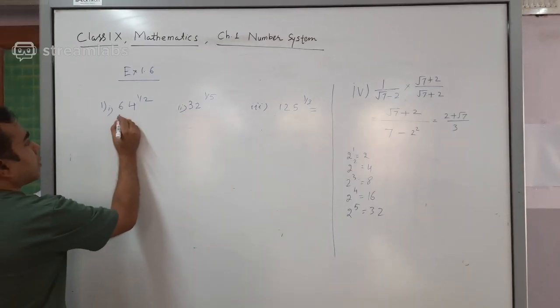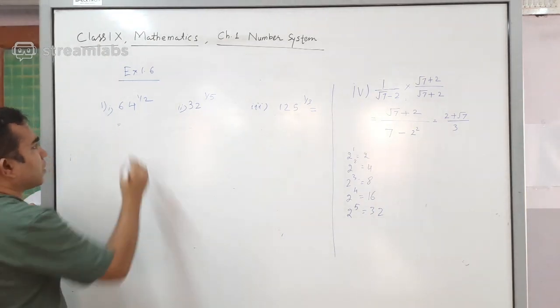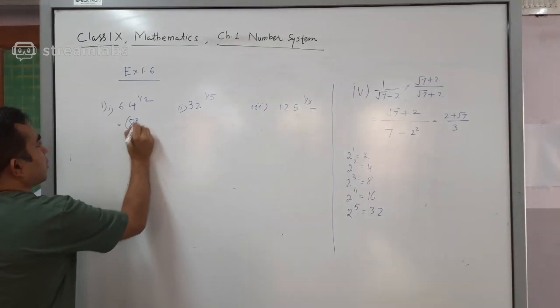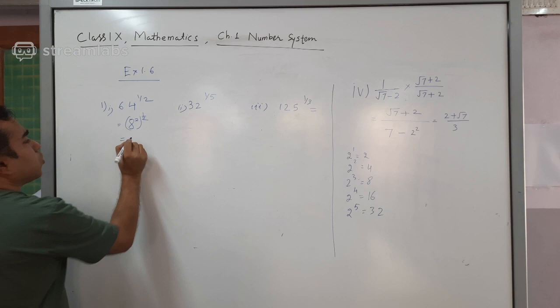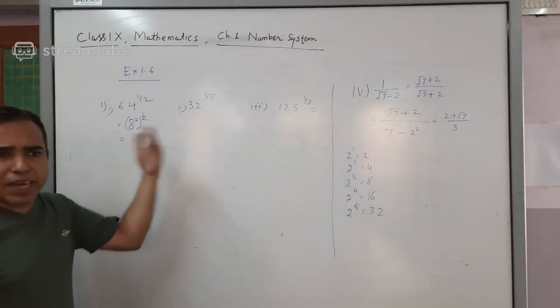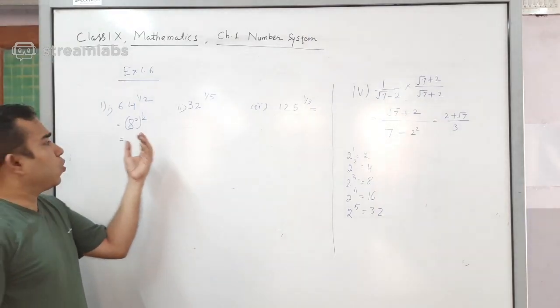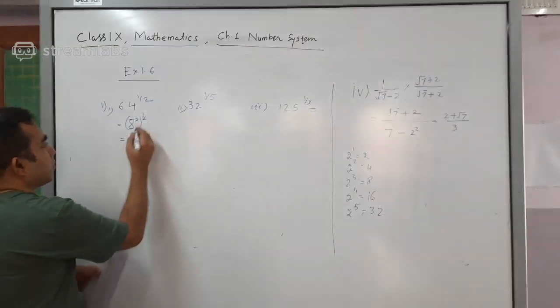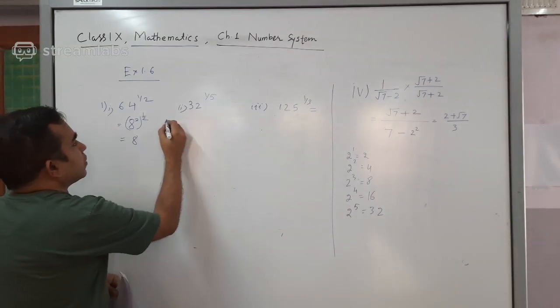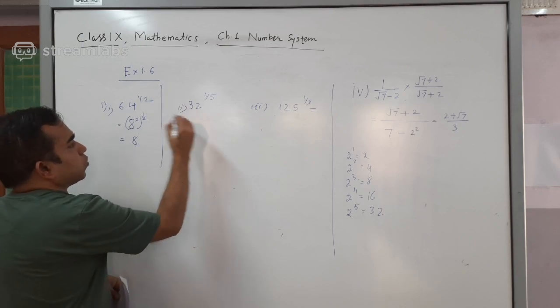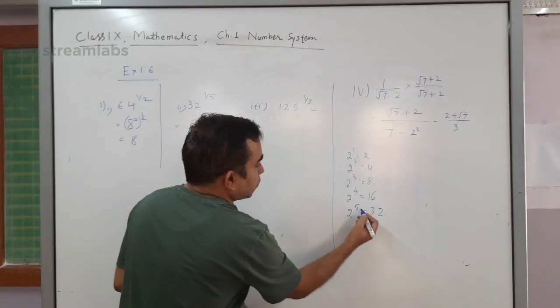Leave it. 64 is nothing but 8 square. You know, when there are multiple exponents, they get multiplied. So 8 raised to power 2, whole raised to power half, becomes 8, since 2 into half is 1. 32 is nothing but 2 raised to power 5.